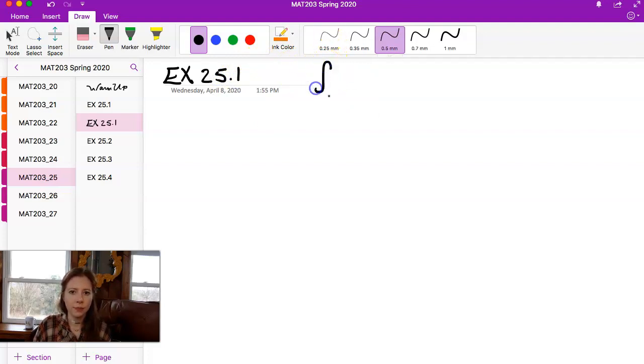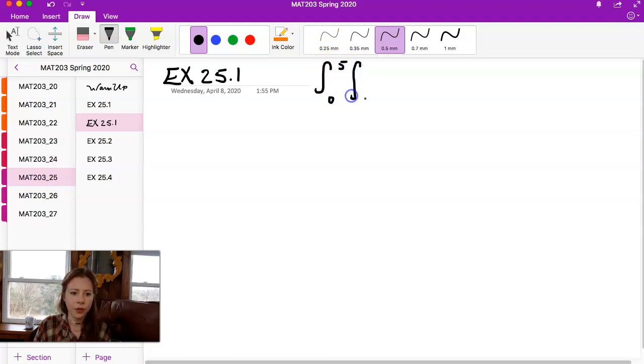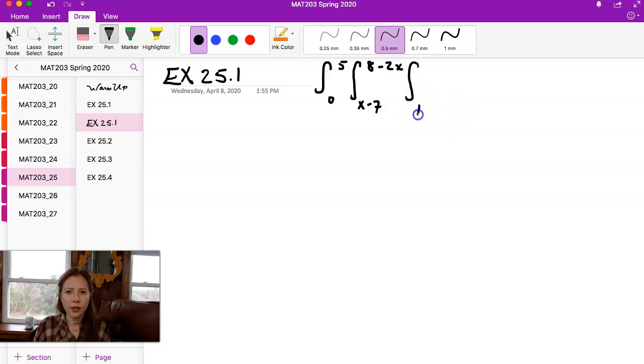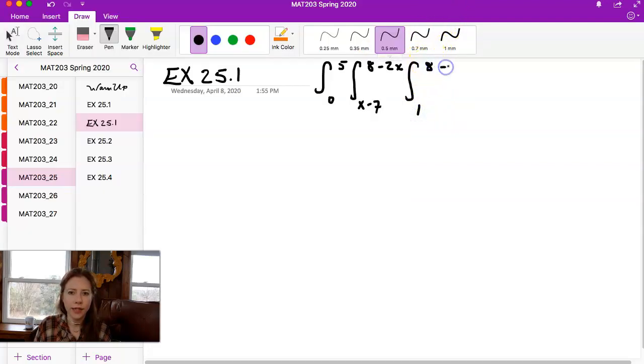So we were going from 0 to 5, x minus 7 to 8 minus 2x, 1 to 8 minus x plus y, and this was dz, dy, dx.